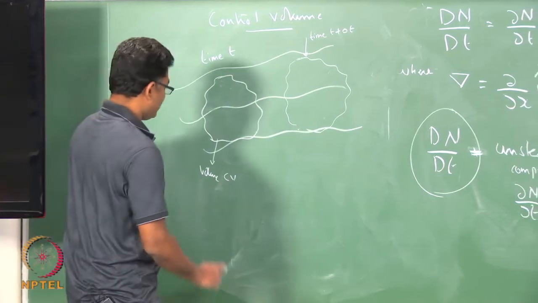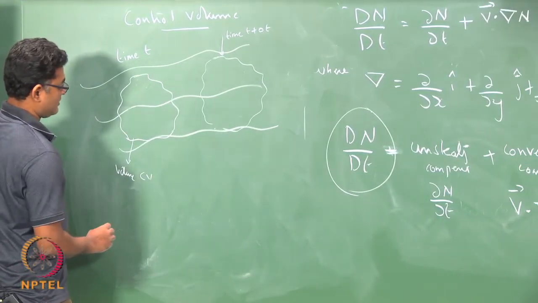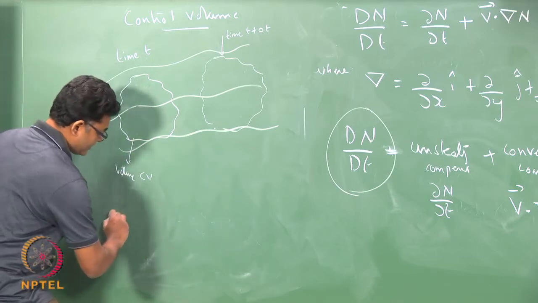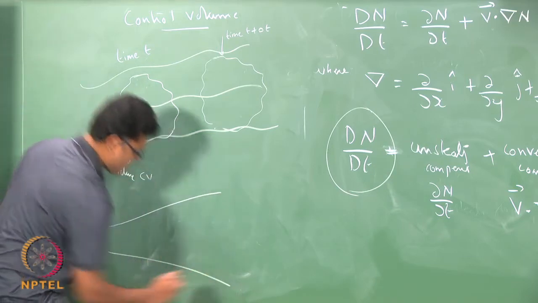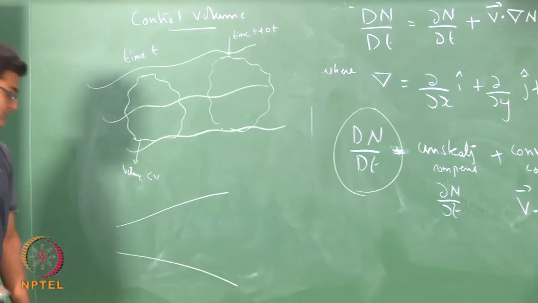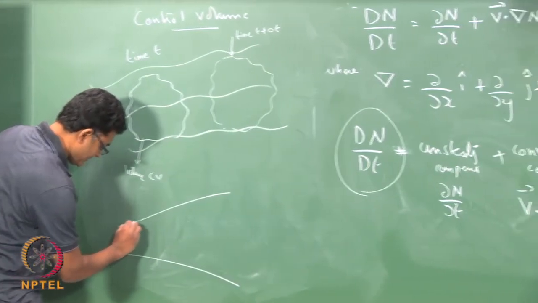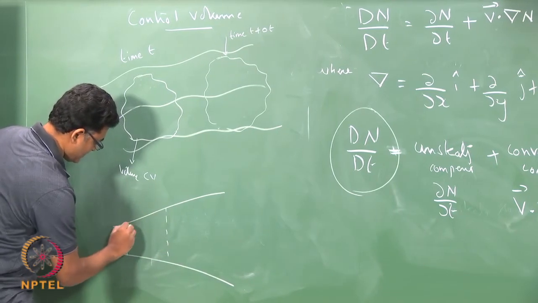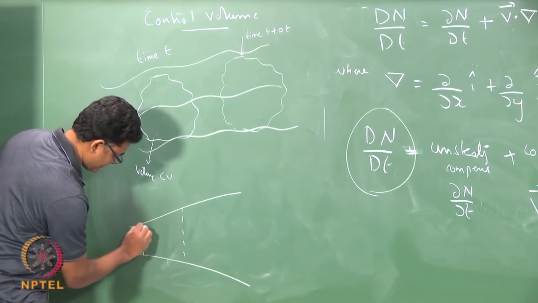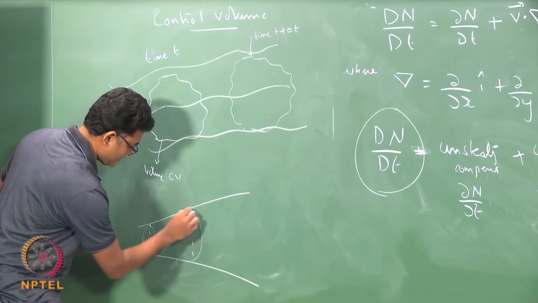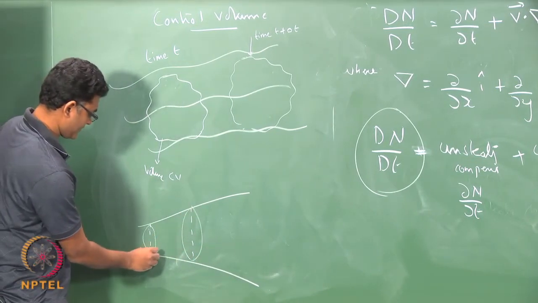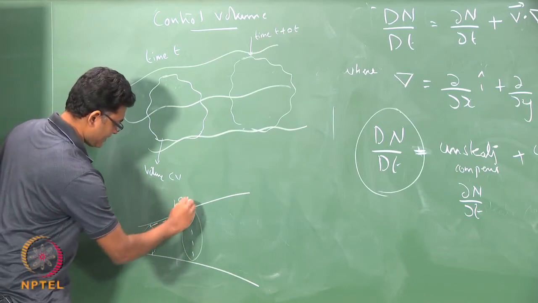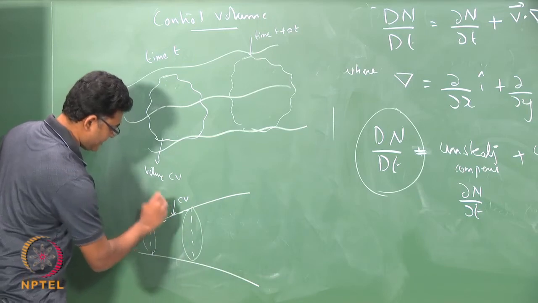If you have difficulty in imagining this arbitrary shaped volume, consider a divergent pipe. So, you have a volume here, which would be circular shaped. So, this is my control volume at time t.